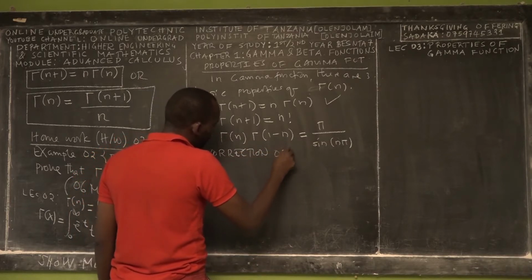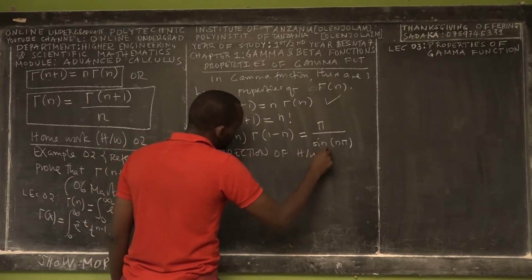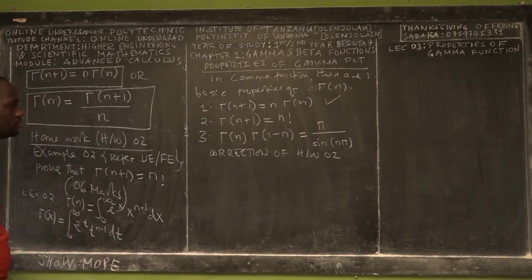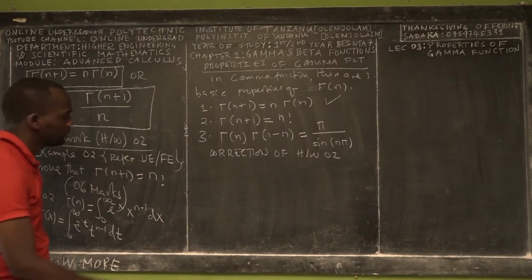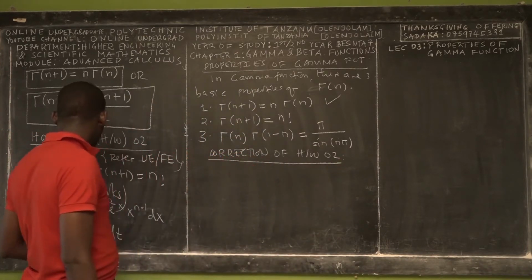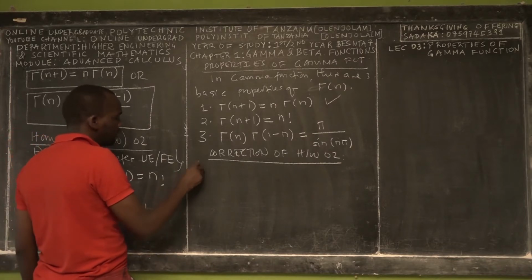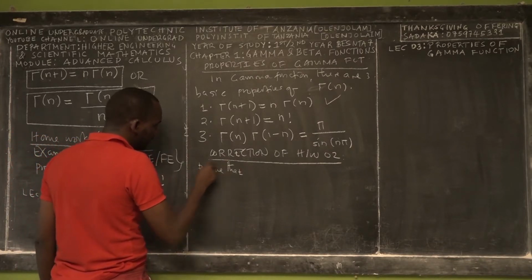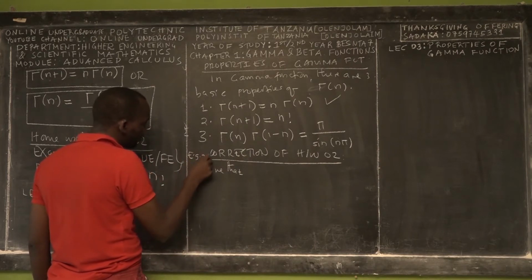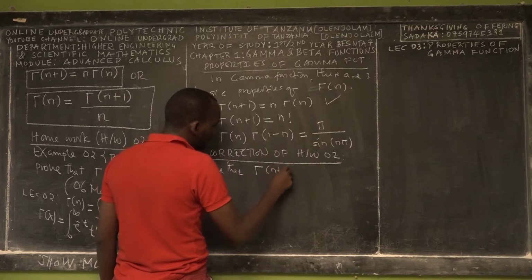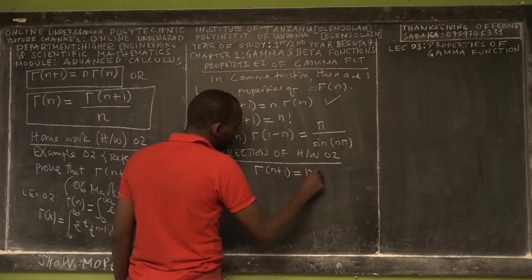Let us focus on the correction of homework 2, example 2, where the question asks us to prove that gamma of n plus 1 is equal to n factorial.